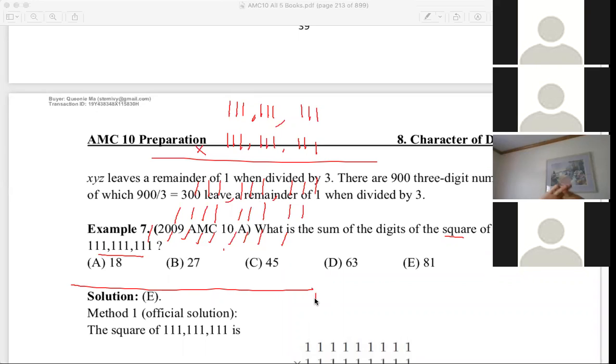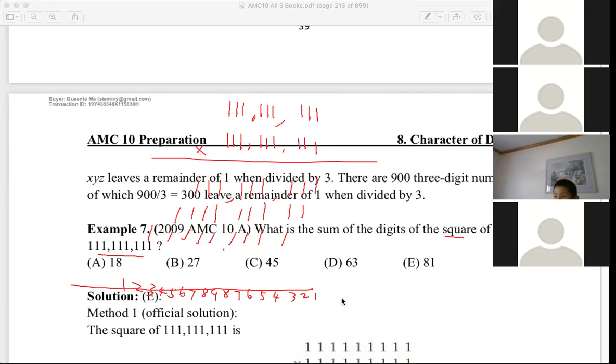The 1st digit will be 1, then the 10th digit will be 2, then 3, then 4, 5, 6, 7, 8, then 9, then 8, 8 again, 7, then 6, 5, 4, 3, 2, and 1. Something like this, if you do it carefully.